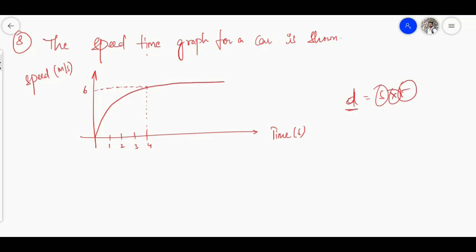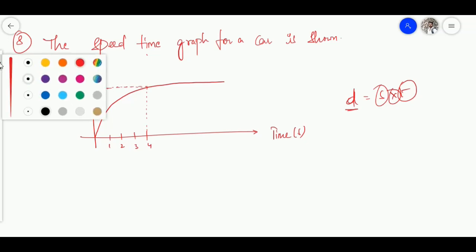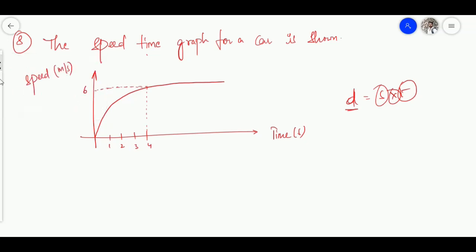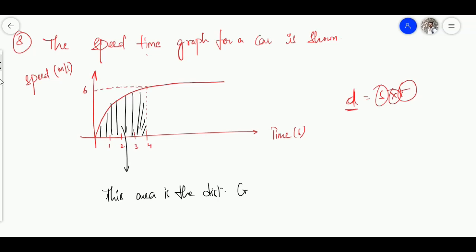So to find the distance, we go with the area calculation. We just mark or shade the region. This is the 4 seconds, and this is the shaded region. This area is the distance covered in 4 seconds. Simple, because it is the multiplication of the x-axis term and y-axis term, by the area calculation.